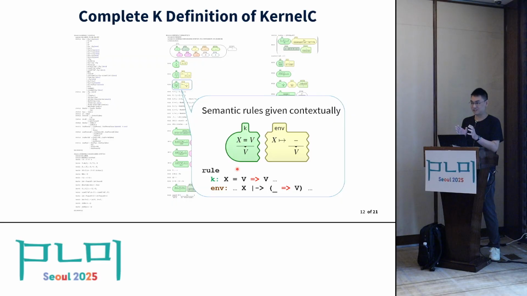Because it only mentions the minimal fragment of the configuration that it cares about for this particular assignment expression. Imagine you have more cells going on, the exact same rule stays. You don't need to go back and change existing rules. So this is, I think, one of the most important engineering techniques that really make K scalable, because it allows you to define the semantics of a language in a modular way.